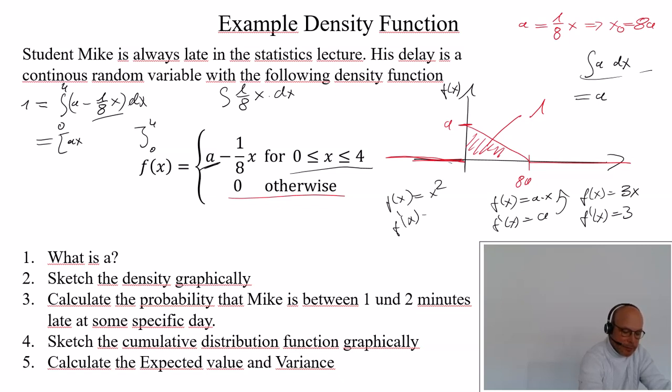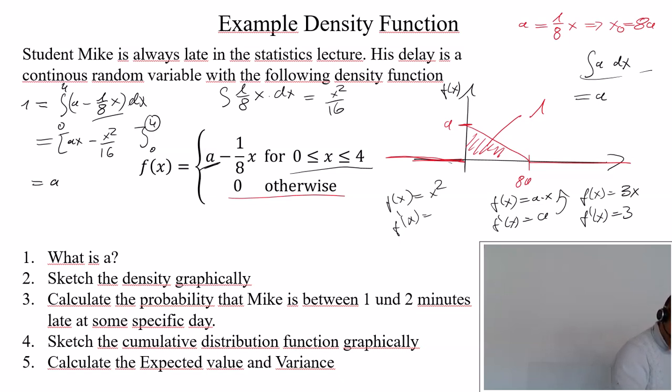What is f prime? X squared over 16. Great. So here we are. Minus x squared over 16.